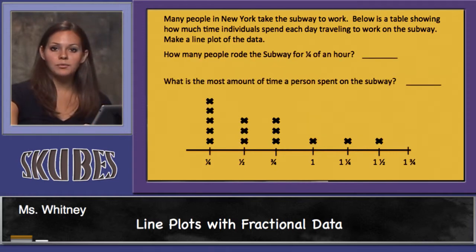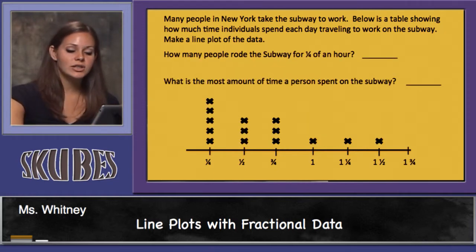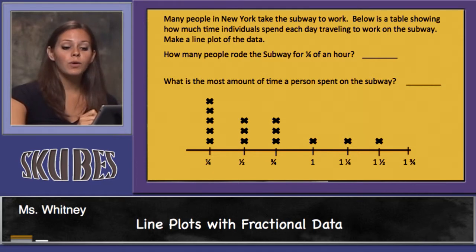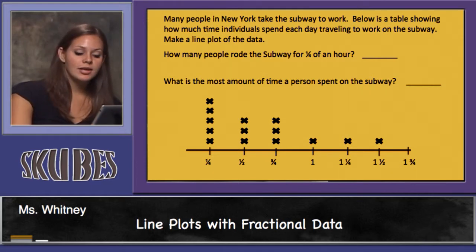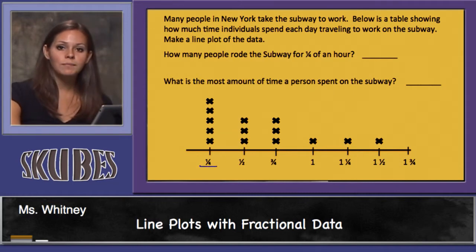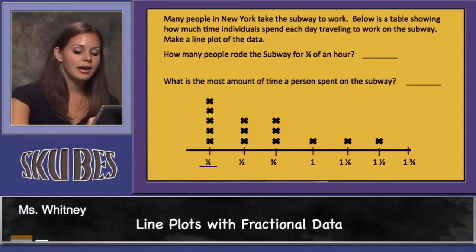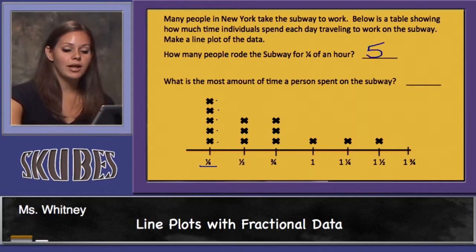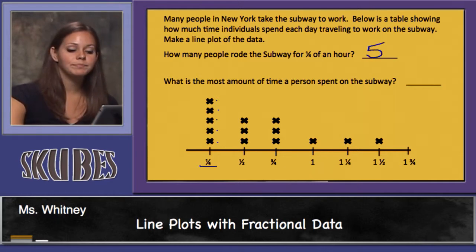Let's look at the line plot we just created and answer some questions. How many people rode the subway for 1/4 of an hour? So we'll look at our measurement, 1/4 of an hour, and count the number of X's above. We have 1, 2, 3, 4, 5 people that rode the subway for 1/4 of an hour.